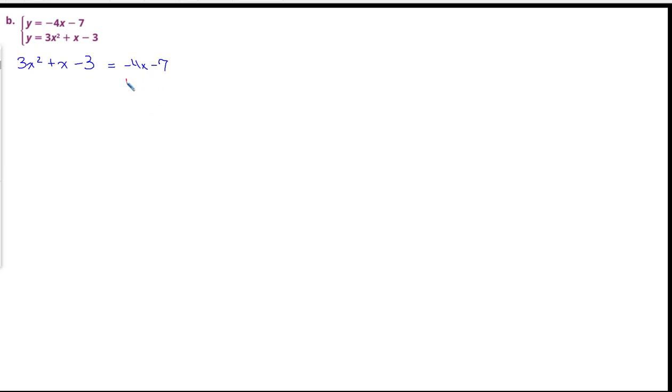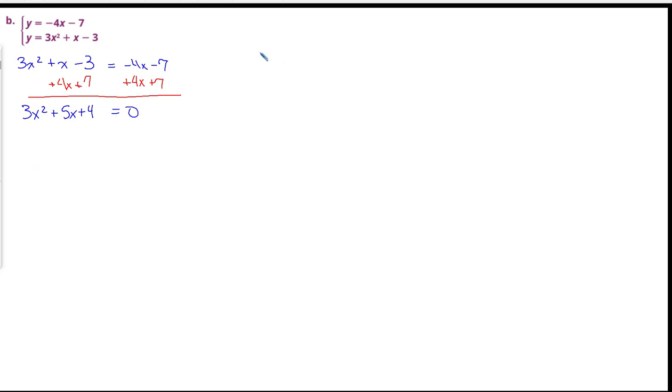I again want to get everything over to my x squared side, so add the 4x and add the 7. And so we come up with 3x squared plus 5x plus 4 is equal to 0.